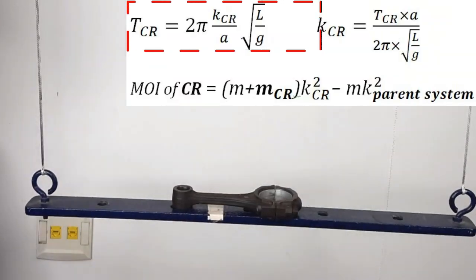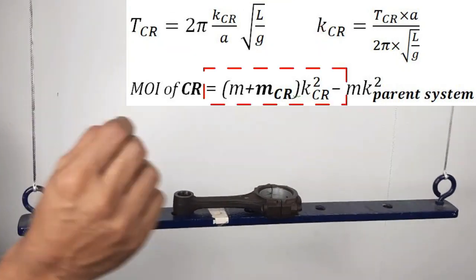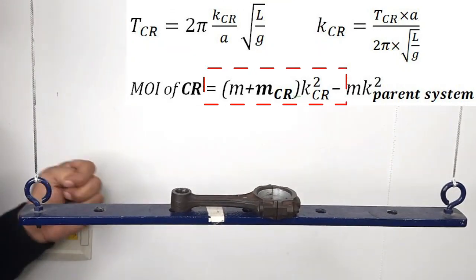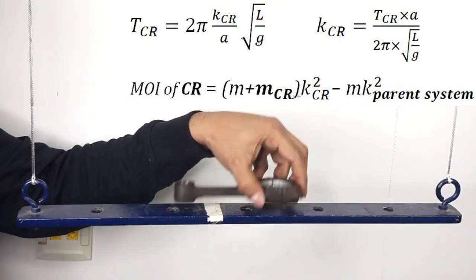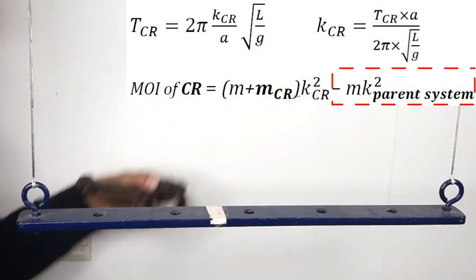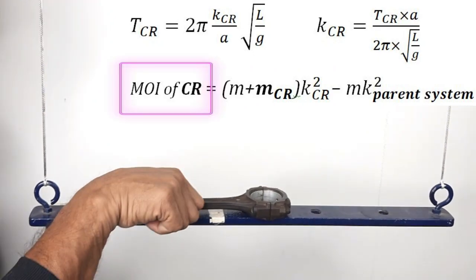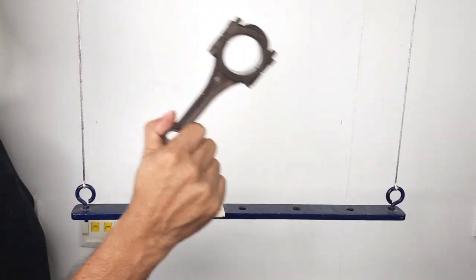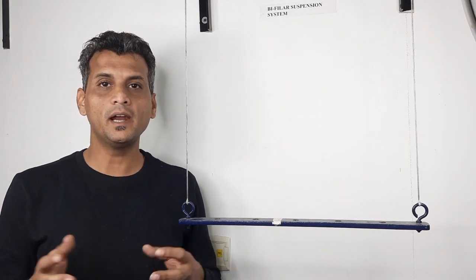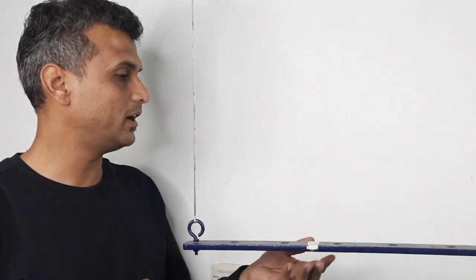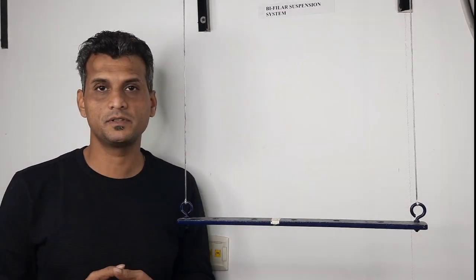I will measure the time period, which is going to give me the new moment of inertia. I am going to repeat the same procedure and subtract the moment of inertia of my parent system from the new moment of inertia. That is going to give me the K value and the moment of inertia of my connecting rod. I hope this demonstration helped you understand how you can get the radius of gyration using the bifilar suspension system.